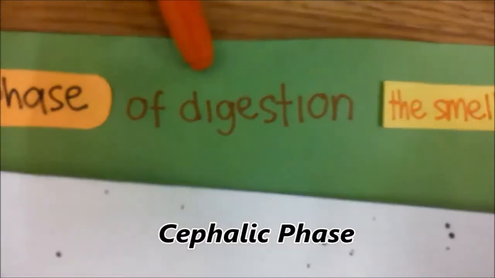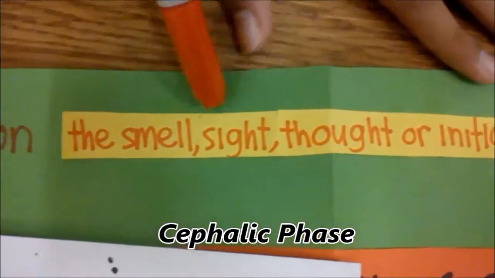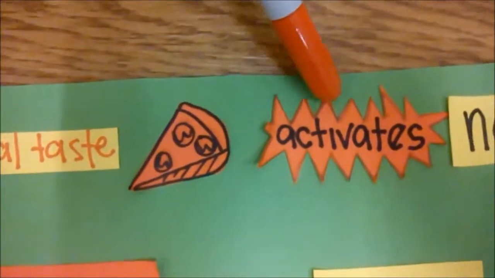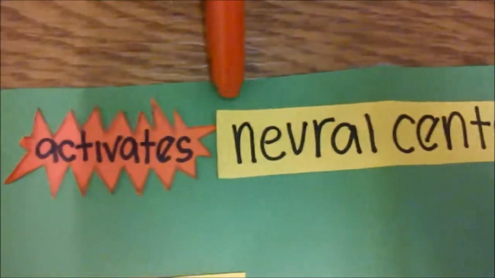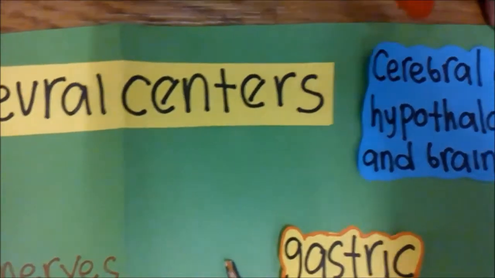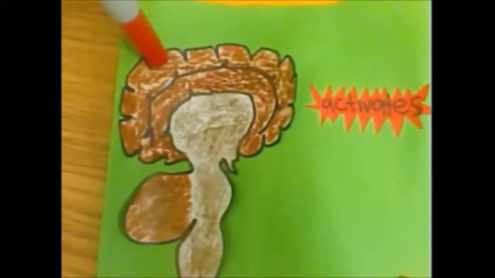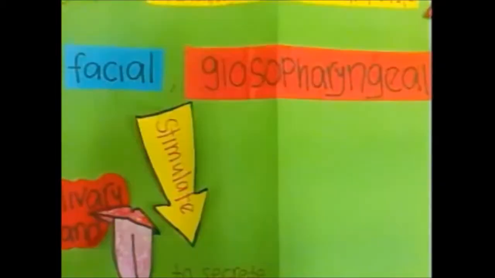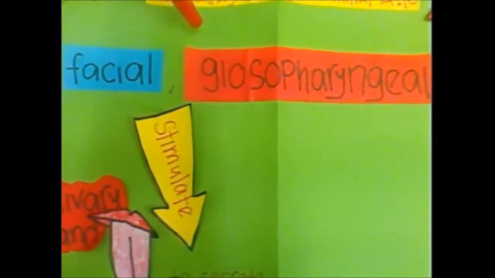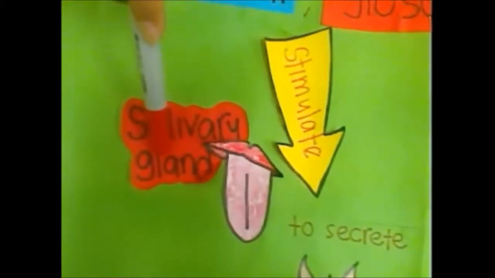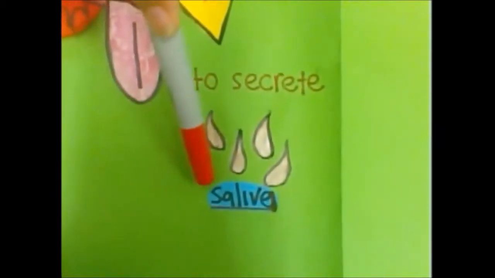In the cephalic phase of digestion, the smell, sight, thought or initial taste of food are activated in neuron centers at the cerebral cortex, hypothalamus, and brainstem. The brainstem activates the facial, glossopharyngeal, and vagus nerves. The facial and glossopharyngeal nerves stimulate the salivary glands to secrete saliva.